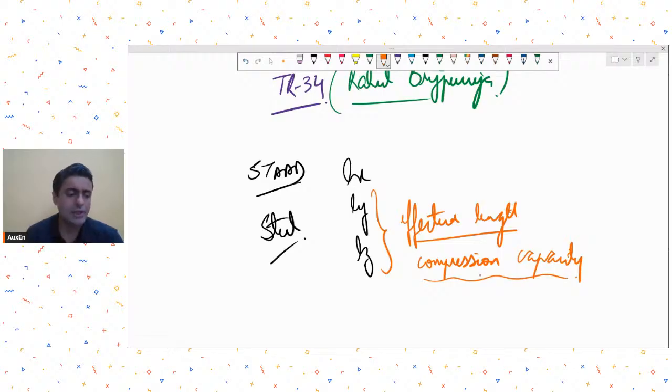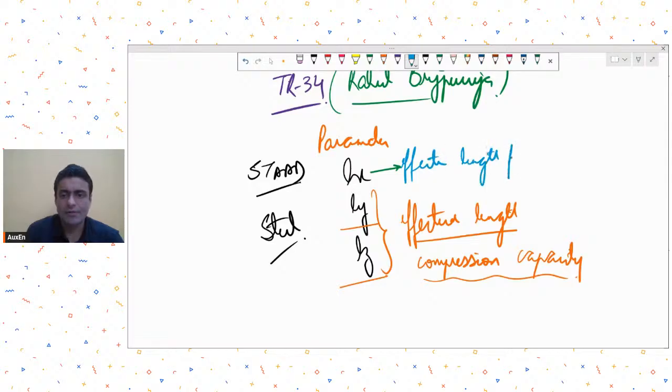The effects related to the end conditions between the columns and beams. So LY and LZ are the effective length factors to be provided to STAAD, defined as parameters for the compression capacity calculation. The LX parameter is the effective length factor for the lateral torsional buckling, LTB.